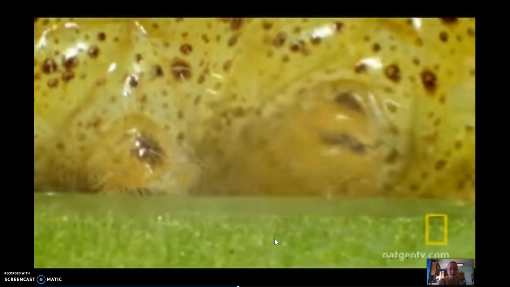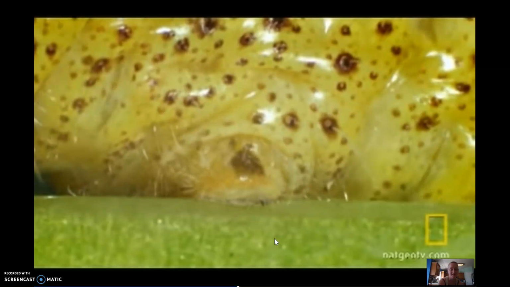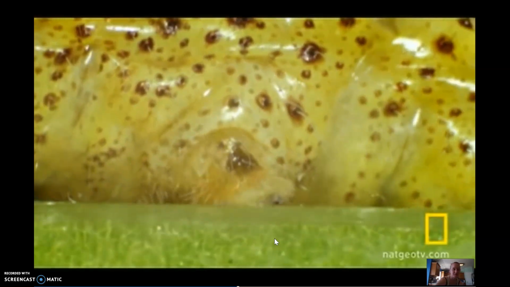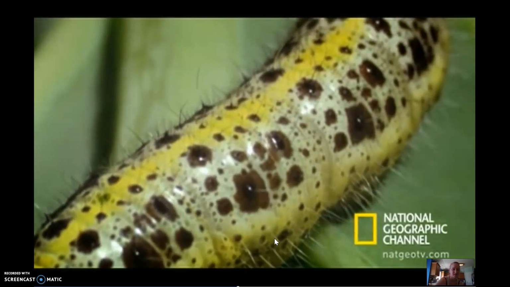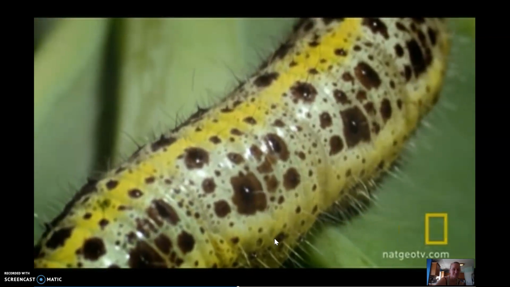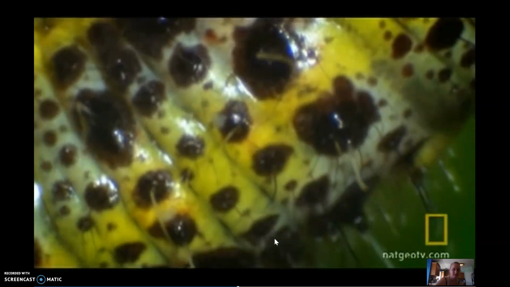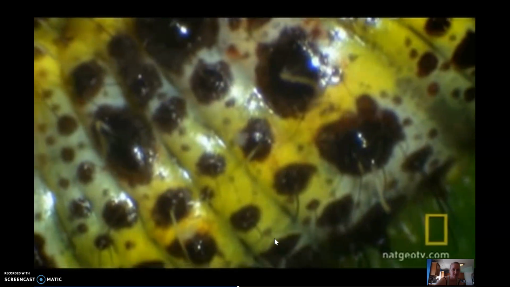12 days gorging itself. It now appears profoundly obese. But this is not all fat. The Glomerata wasp larvae lie just under its skin.